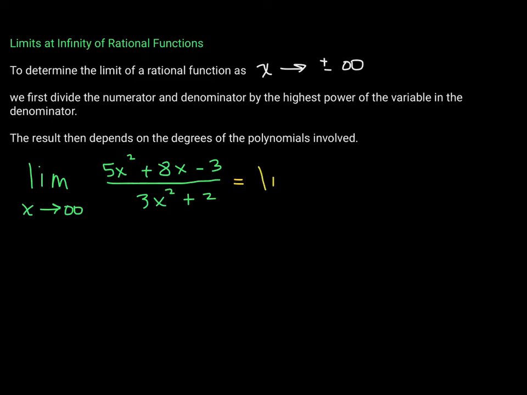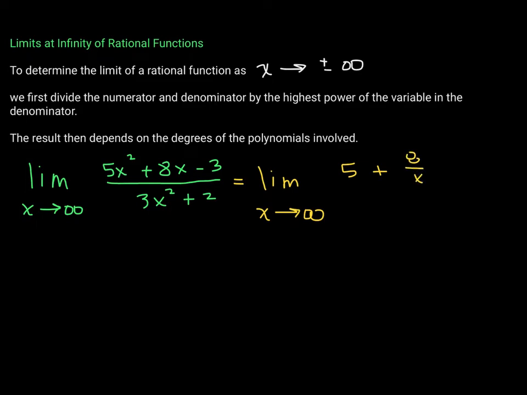All right. So then when you divide every single term by x squared, this first term, 5x squared divided by x squared, is just 5. 8x divided by x squared would be 8 over x.